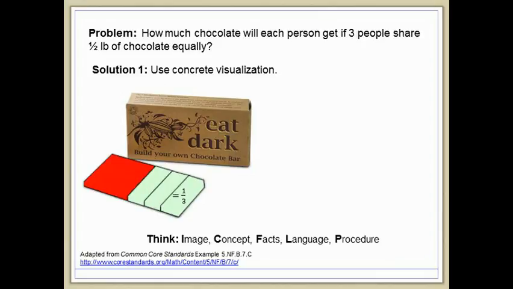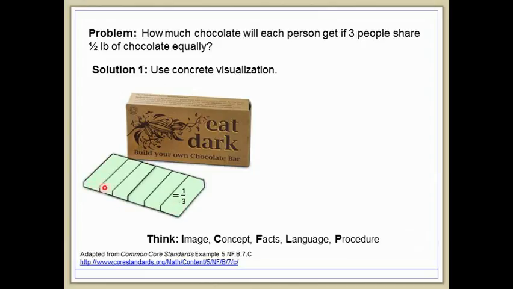But now we need to change the units into pounds, and so we really want to know, what does this part here represent relative to the whole pound of chocolate? To do that, we'll divide the other half into the same unit fraction that we have here, 1/3. So now we have divided the piece of chocolate into 6 equally sized pieces.